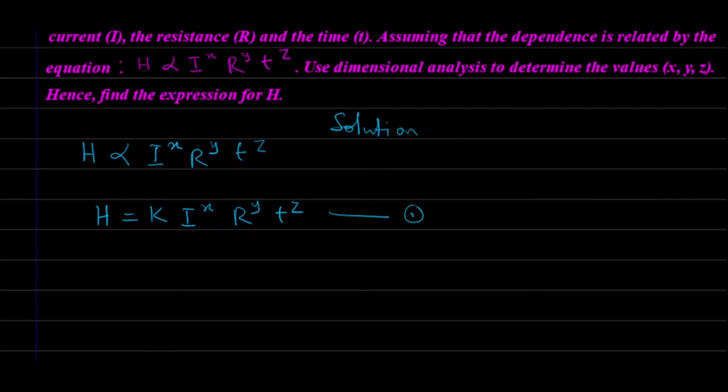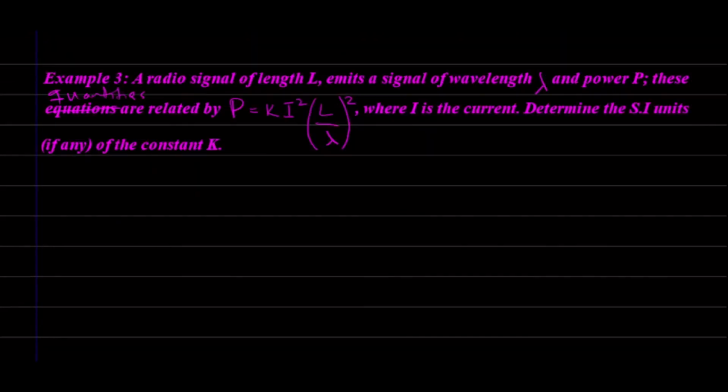Now, they say we should use dimensional analysis. Either we make use of the base unit method or we use the dimension method to solve this question. Let's say we want to make use of the dimension method. That means we need to obtain the dimensions of the dependent and independent variables. The independent variables are on the right hand side, while the dependent variable is on the left hand side, which is H. So what is the dimension of heat energy?